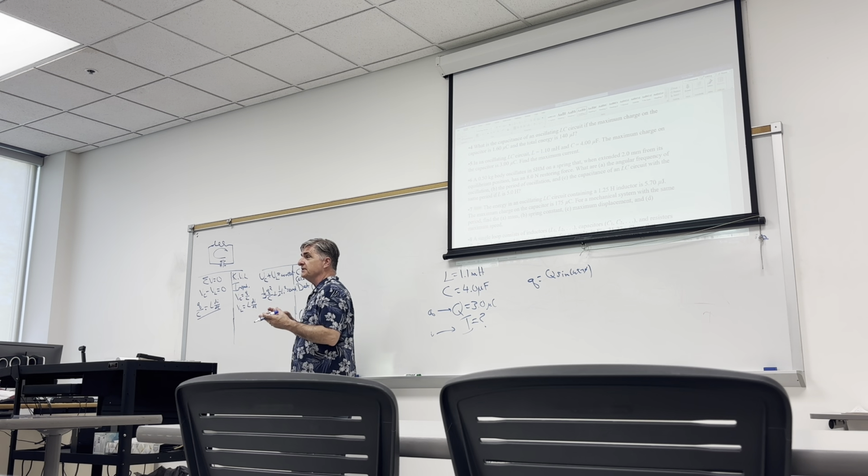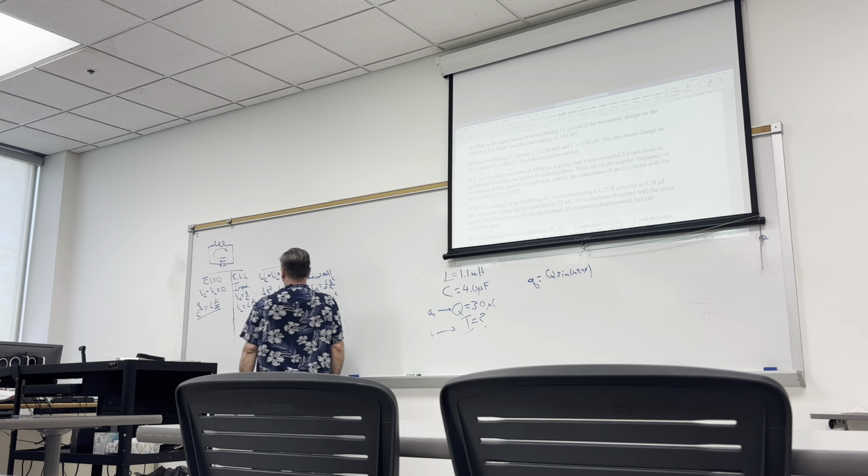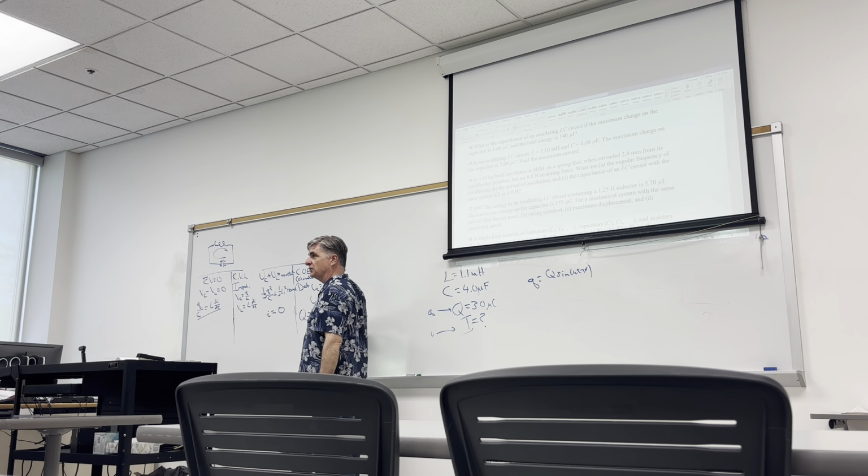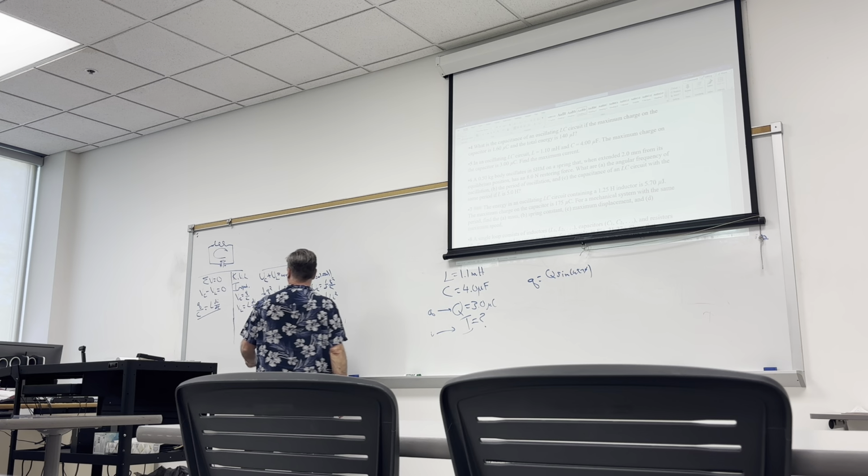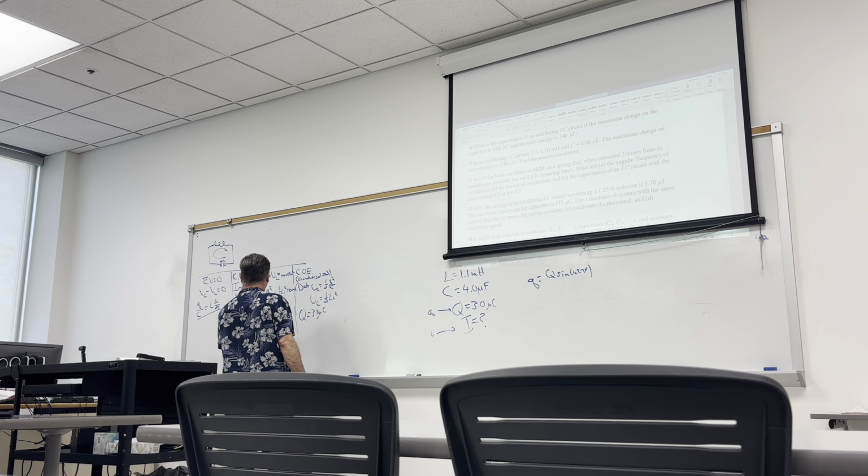If all the charge is in the capacitor, there's no current flowing through the inductor. When Q maximum equals 3 microcoulombs, i equals 0. So that tells us that 1/2 Q squared over C is the constant for the total energy of the system.